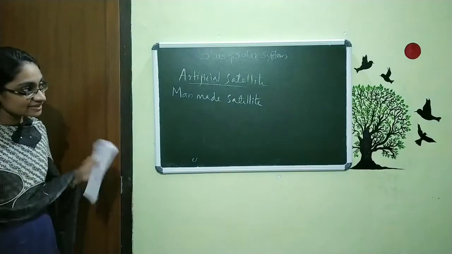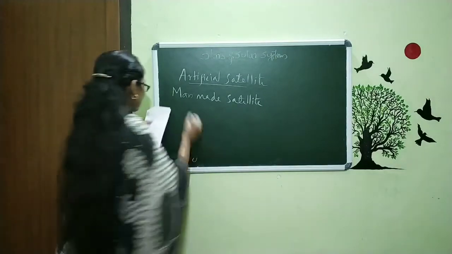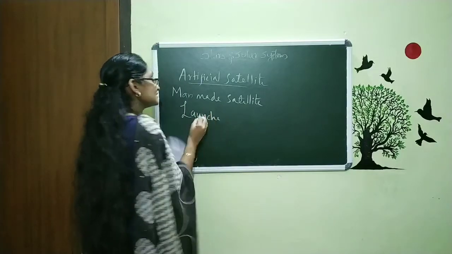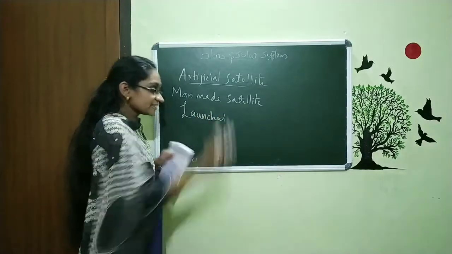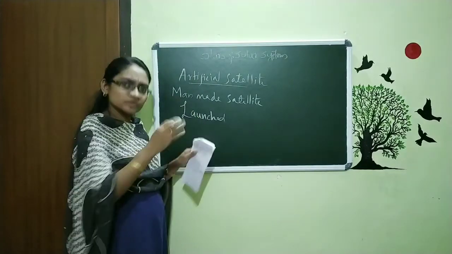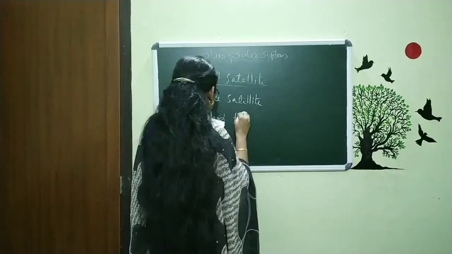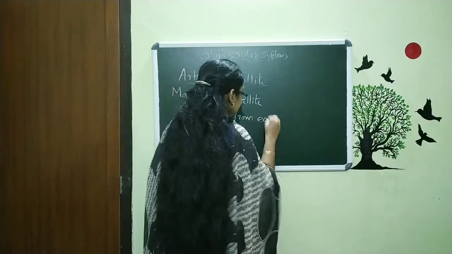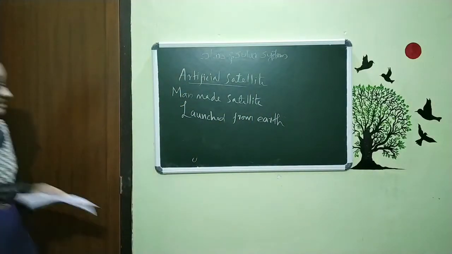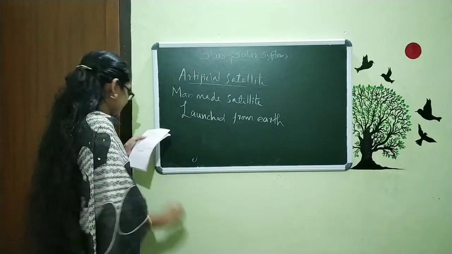That means we send this satellite from Earth to other places. We use the term launch for taking the satellite from our Earth to other planets or to the surface. These artificial satellites are launched from Earth.